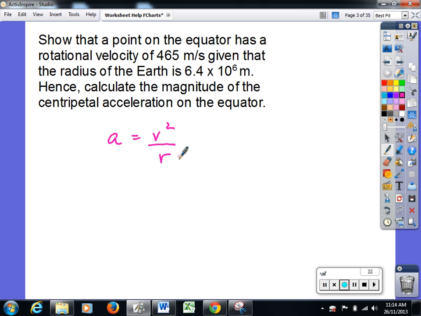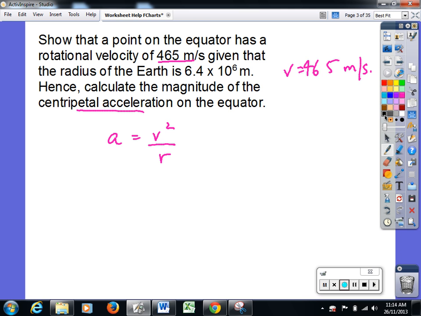Now we need to show this time that v is equal to 465 metres per second. So how do I show that before calculating? The second part asks us to calculate the magnitude. We know the direction is towards the centre, but how would I find the velocity on the surface of the Earth on the equator there?